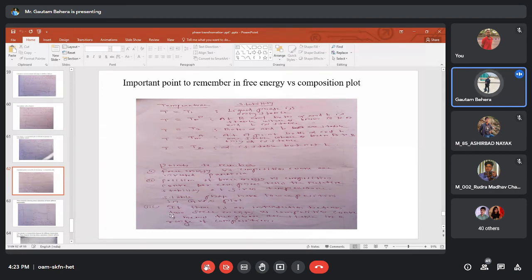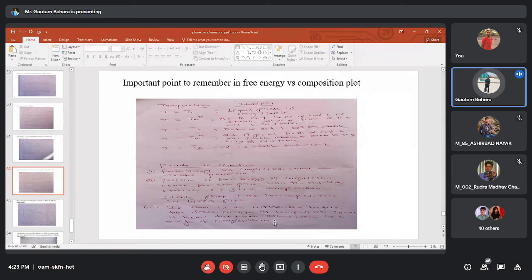And the last important point is if there is an intersection between two free energy curves, which already I have shown you, where G alpha and G liquid are intersecting, or G alpha, G beta are intersecting, right? If there is an intersection between two free energy versus composition curves, it means two phases are stable in a range of composition.